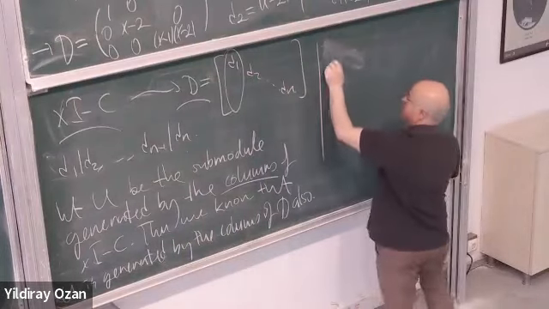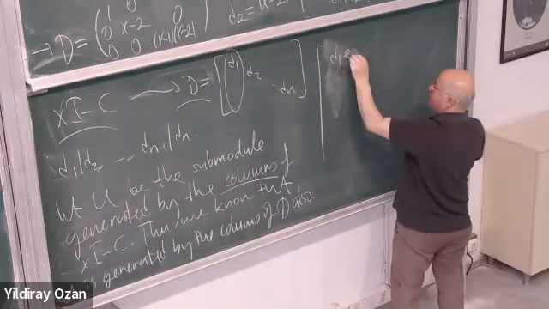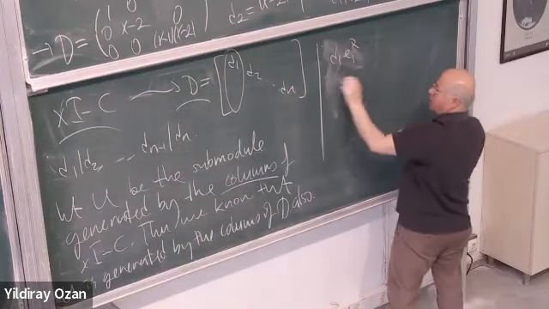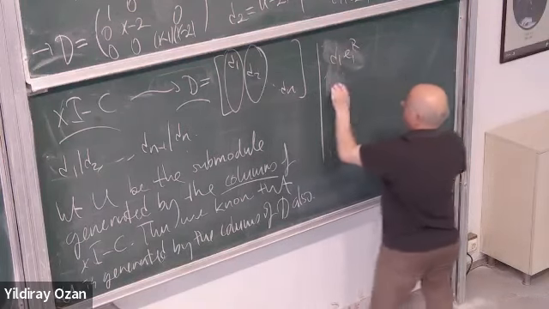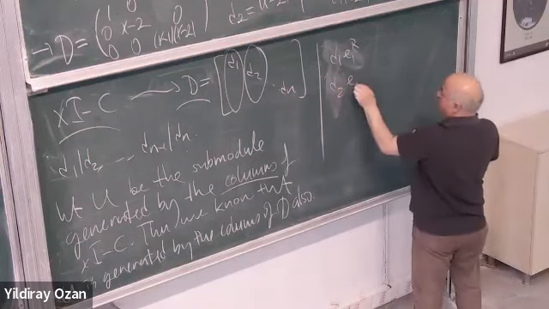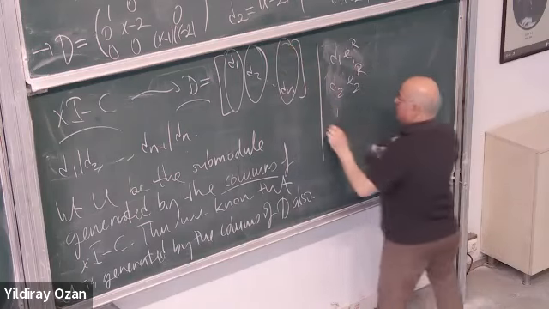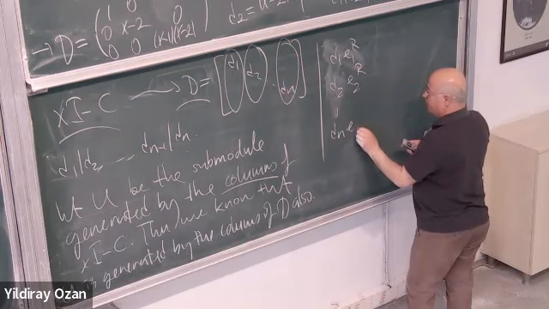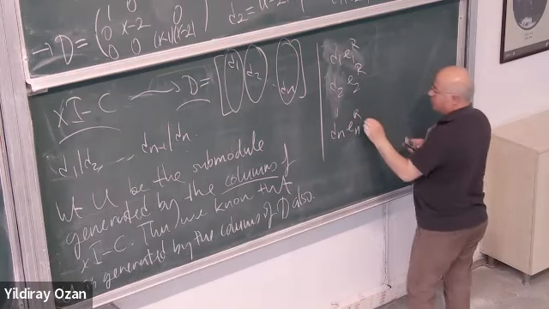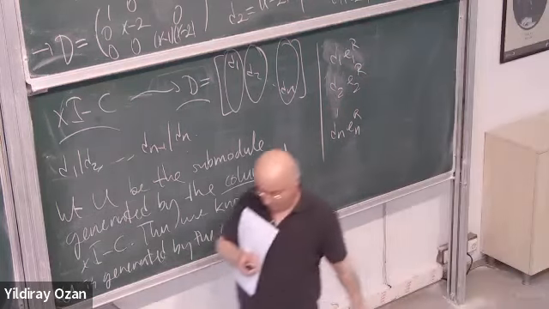Now, what is the first column? It is this one. What is this? It is just D1 times E1 R. What is the second column? It is D2 times E2 R. And the nth column is just Dn times En R. Okay?